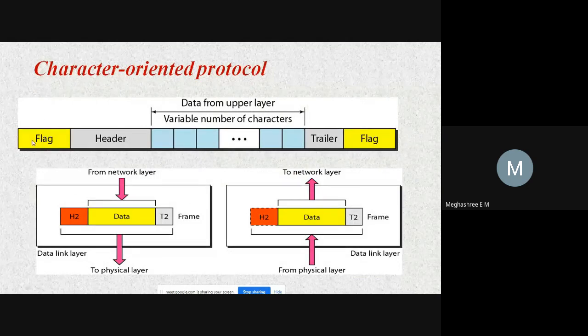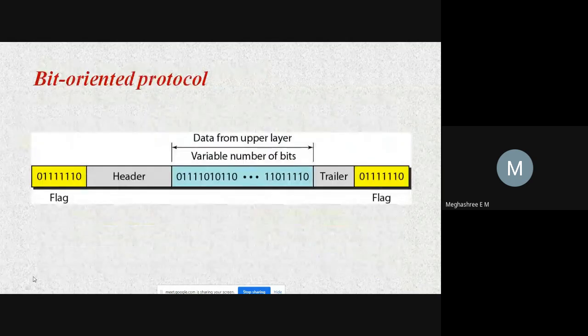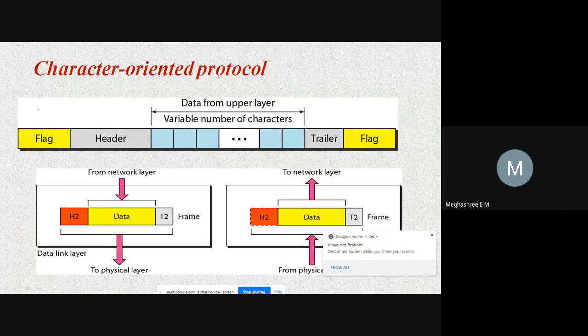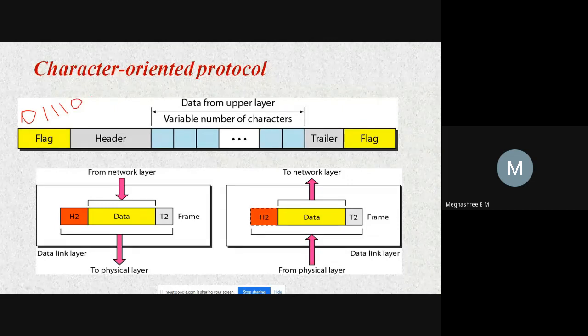Let me consider the flag to be 0 1 1 1 1 0 0 0. These are the bits present at the flag with respect to character oriented protocol.